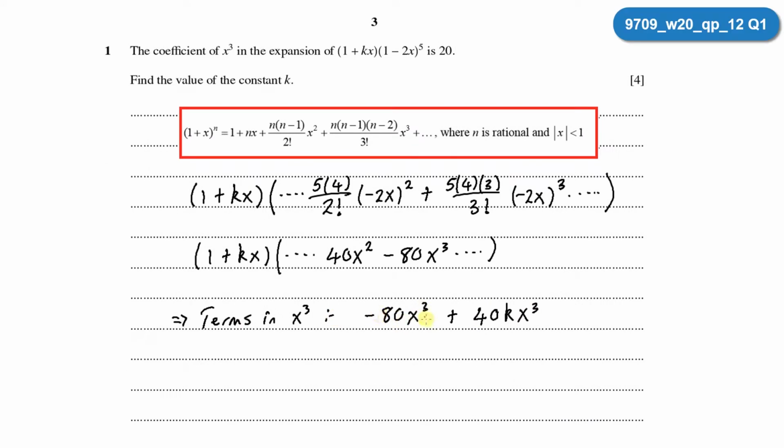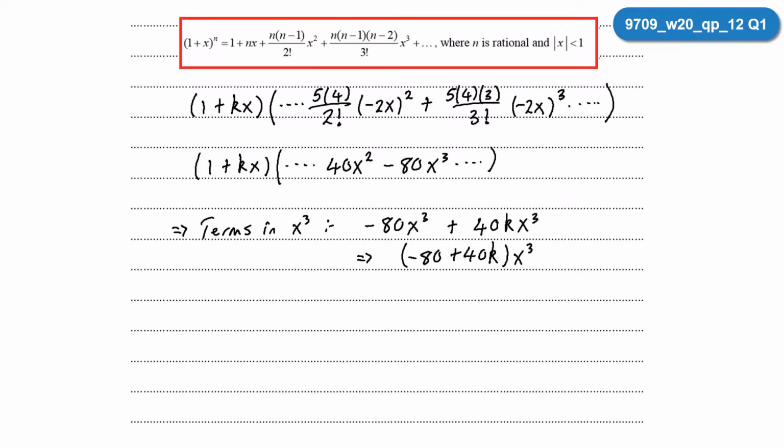So that's the term in x cubed. And actually, we can factor out x cubed, that's minus 80 plus 40k, bracket, x cubed. So that's the term in x cubed in the binomial expansion for those two brackets.